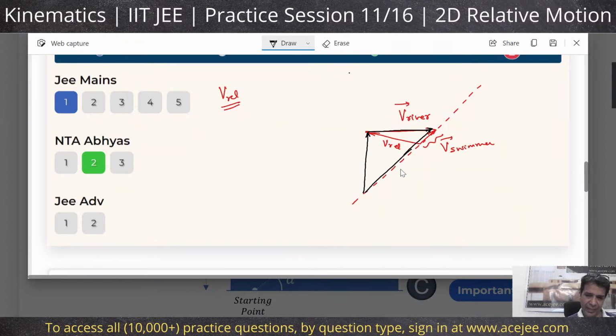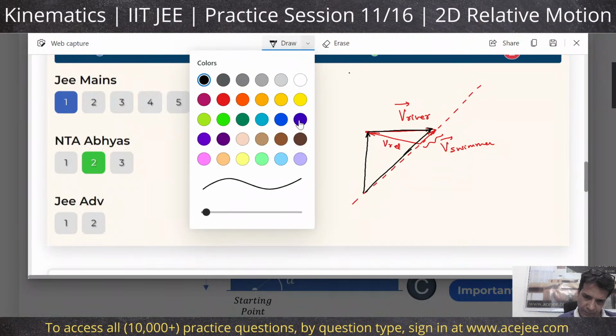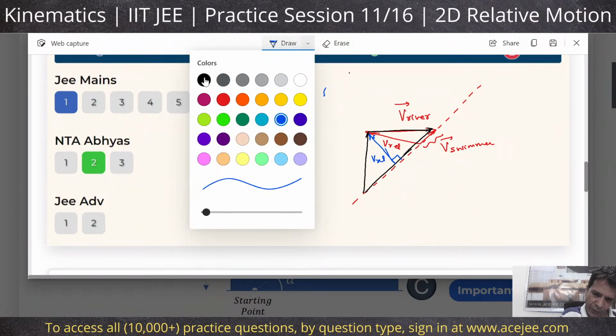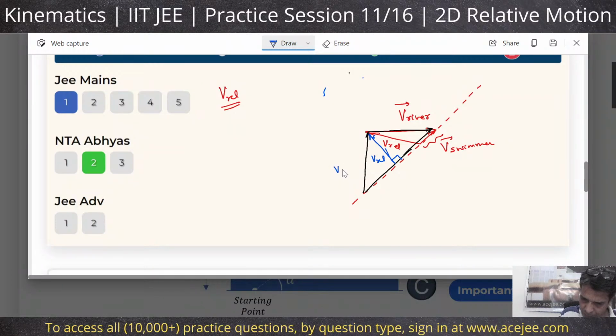What other ways can we get there? Different color again. I can travel in a direction perpendicular to this one. Now, this is my new V relative.